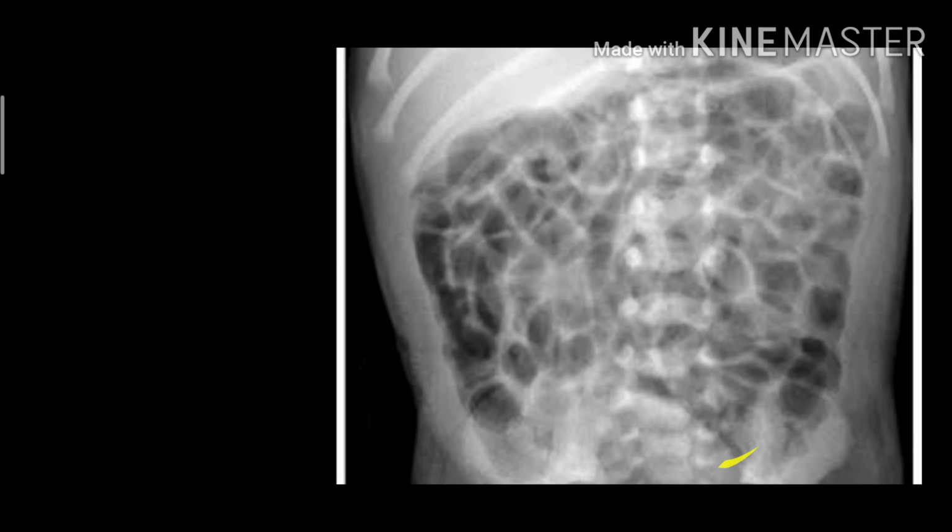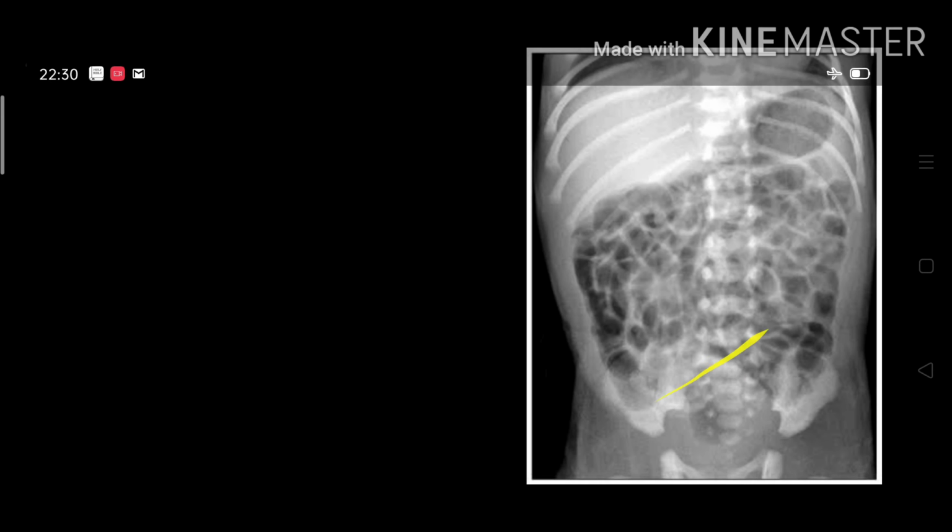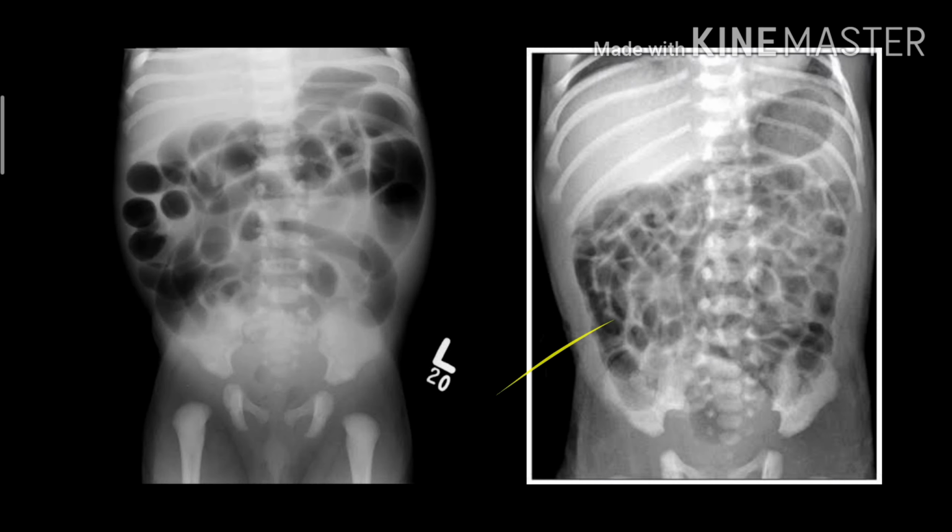This is the normal pattern of abdominal X-ray in a newborn. We can see an equal distribution of the bowel gas, and also see the shape of the gas in the bowel, a polygonal shape. That is important. You have to see that polygonal shape of the gas in the bowel.